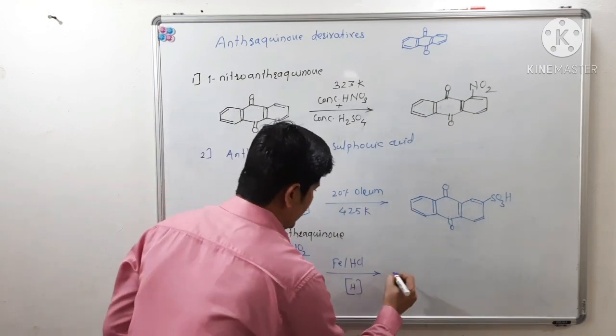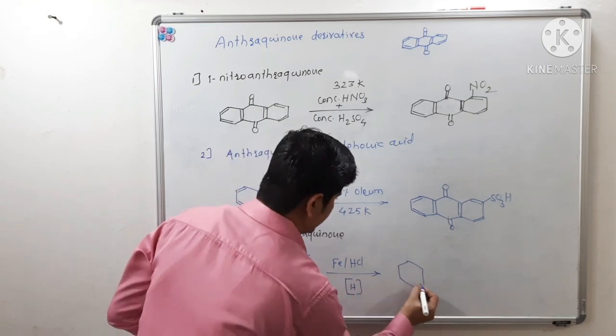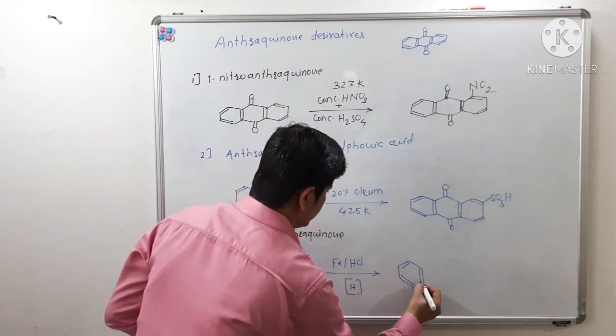So this 1-nitroanthraquinone will give 1-aminoanthraquinone.